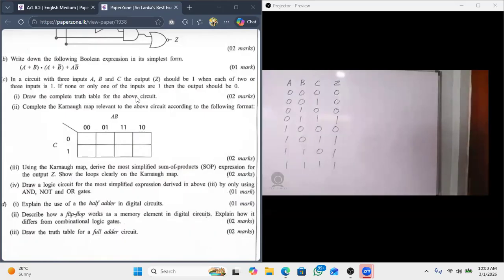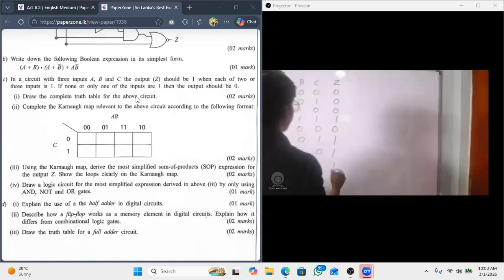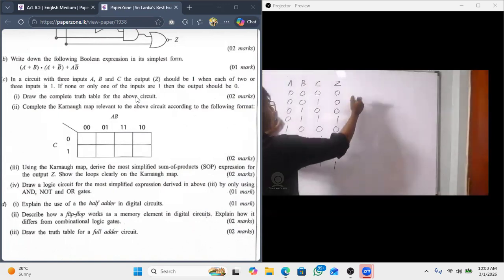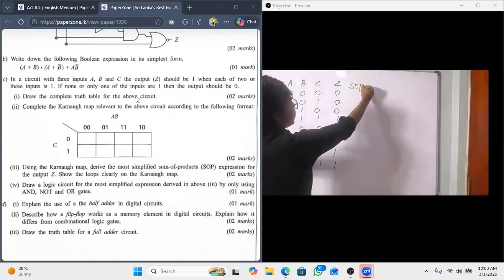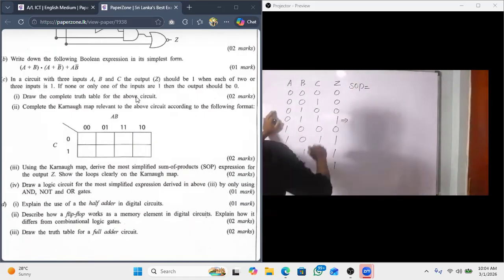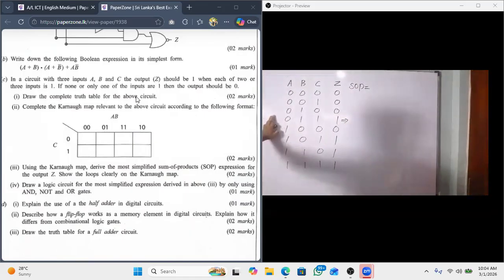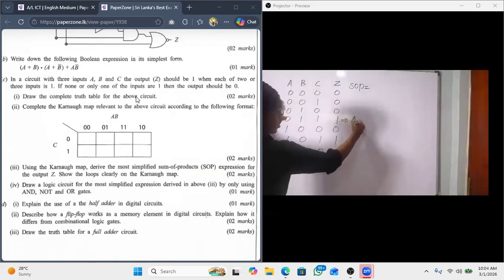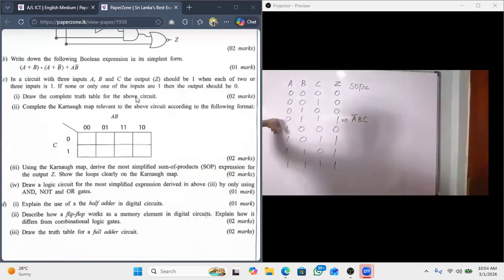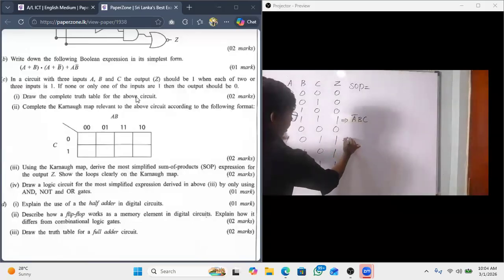Hopefully, yes. Now we can put it in the Karnaugh map and see. Before putting it into the Karnaugh map, let's write the SOP equation. What is the min term of this? SOP is min terms. So here we have A bar, B, C, because A is 0, so A is with a bar, B is 1, C is 1. Here we have A is 1, so A is without a bar.